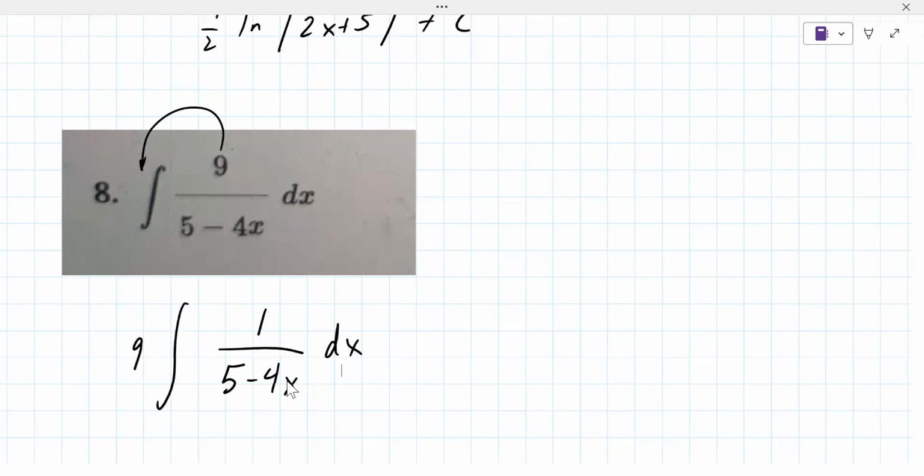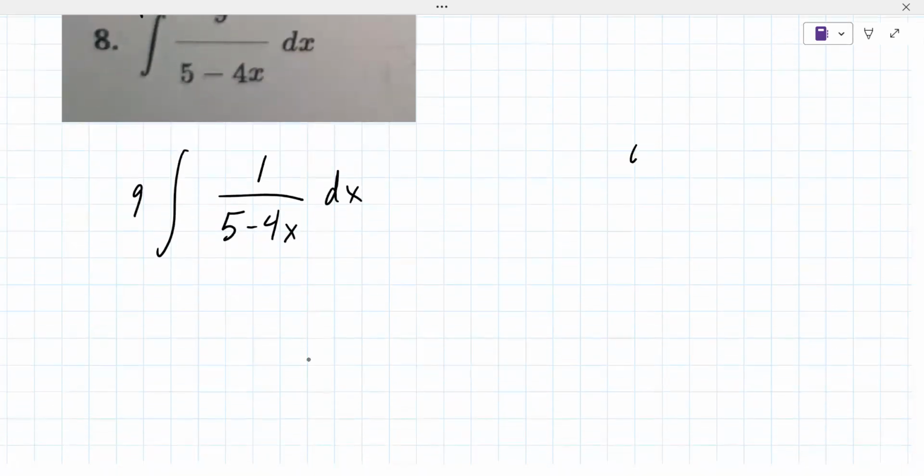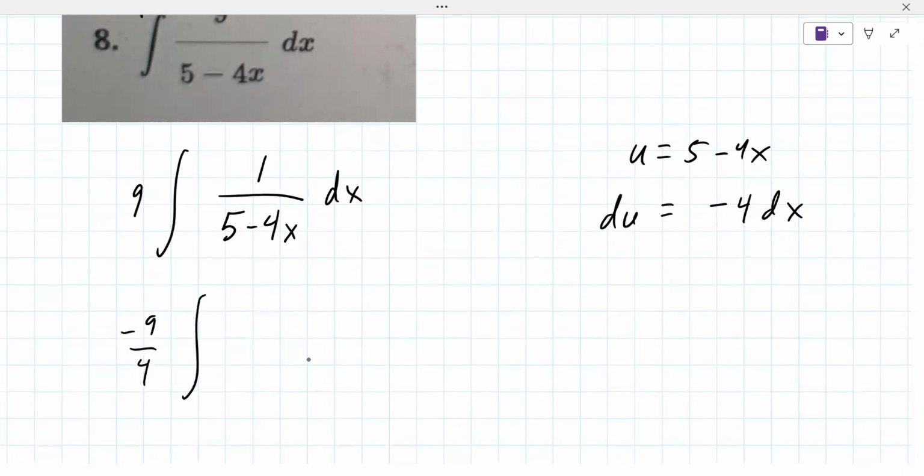9/4 integral 1/u. Okay, but when you take the derivative of this, there's a negative. So negative, yeah. So it's -9/4 integral 1/u du.